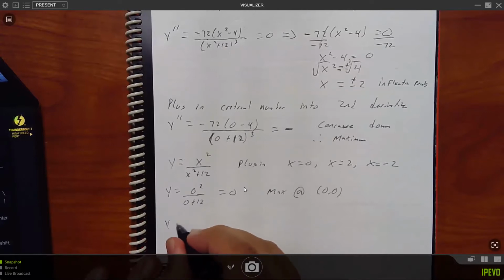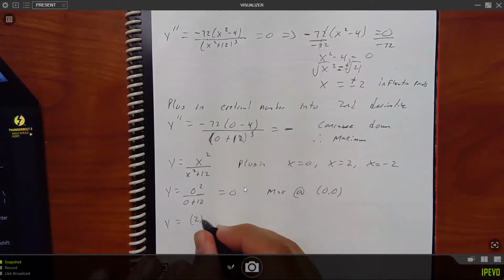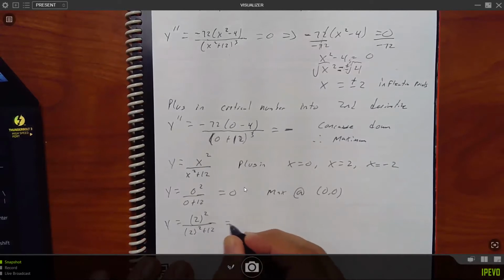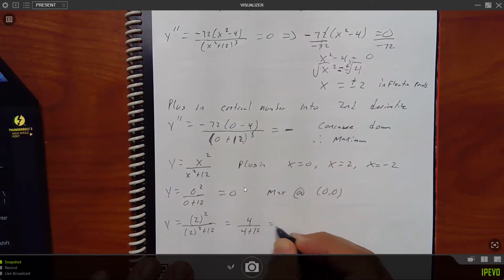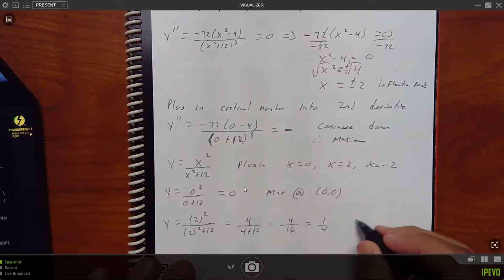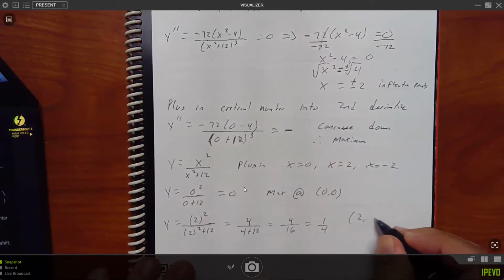Plug in 2, we get 2 squared over 2 squared plus 12, which is 4 over 4 plus 12. So we have 2 comma 1/4.